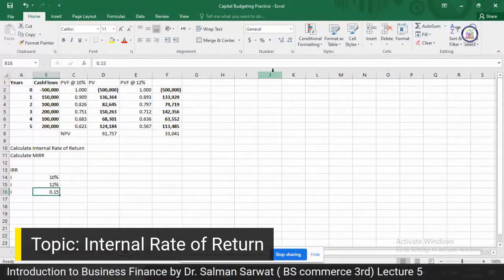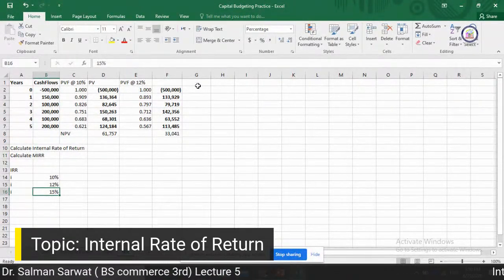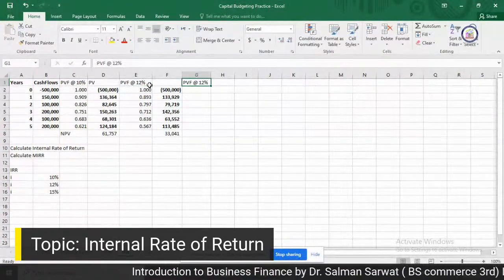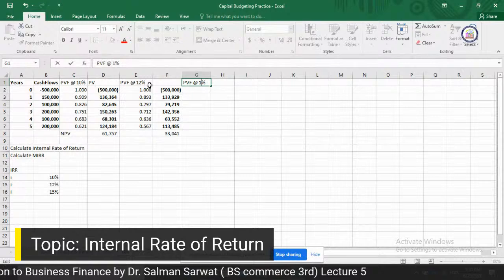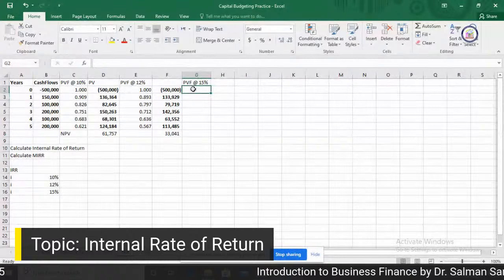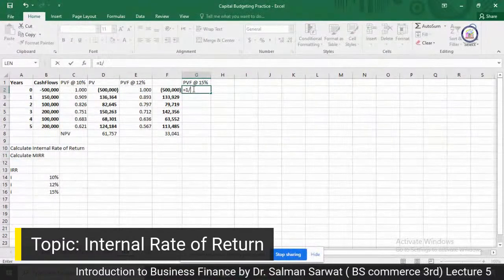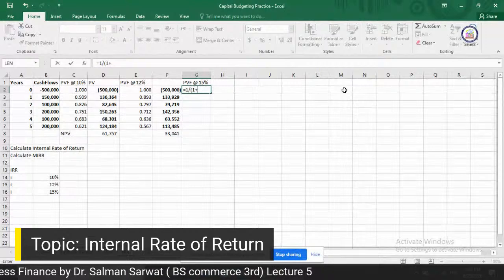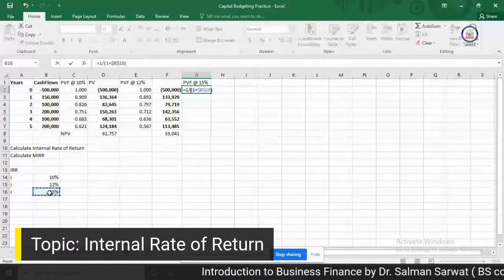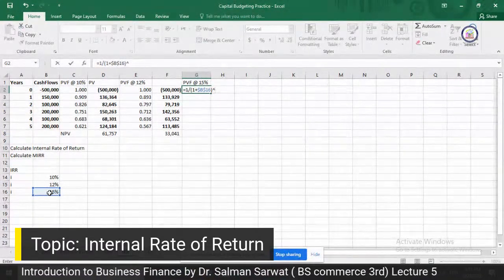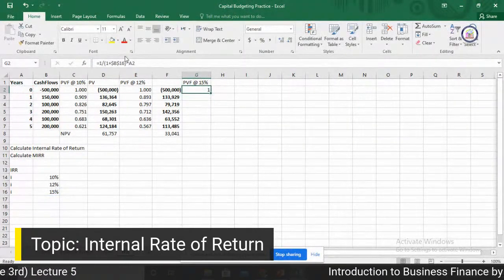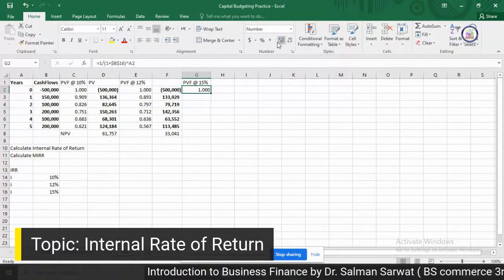Okay, and at 15% we will get the factors: 1 divided by 1 plus I, now 15%, power n. Okay, enter.